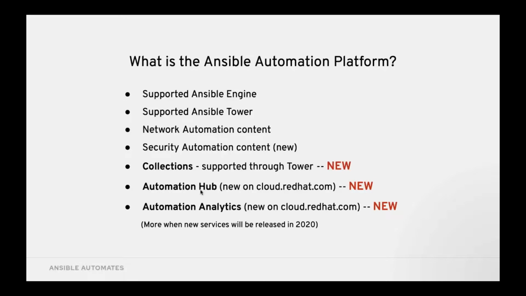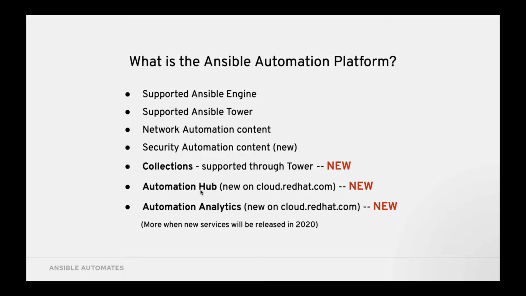So I'll go over this quickly since there really wasn't a preamble about the Ansible Automation platform to begin with. We announced the Ansible Automation platform at Ansible Fest this year back in late September. And automation analytics is part of the Red Hat Ansible Automation platform subscription. So with the Ansible Automation platform, you're getting components of Ansible that you already know and love and that you're probably already using.